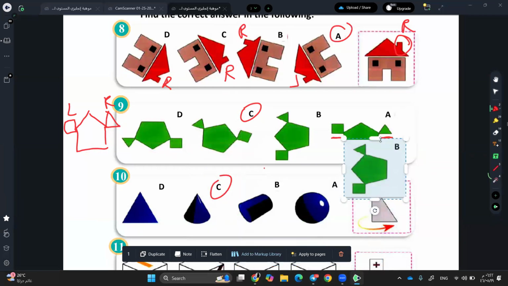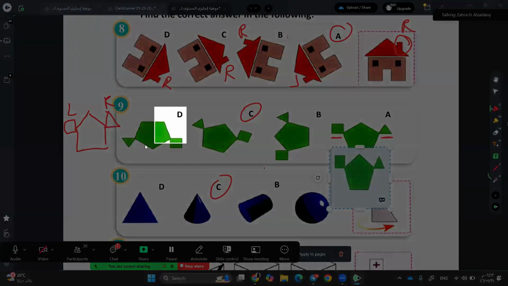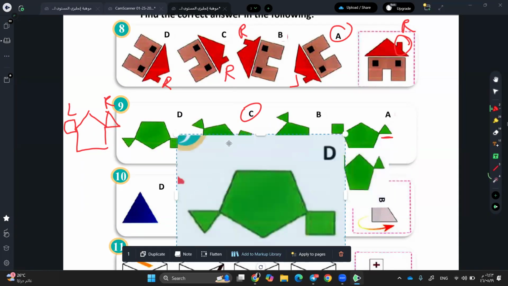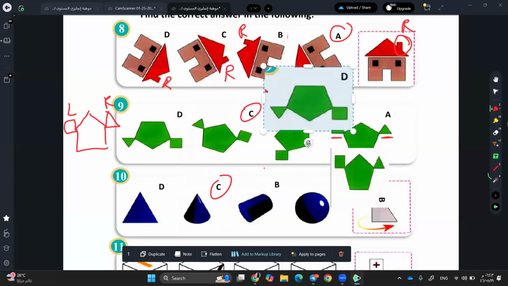Okay, let me rotate it. So also on B, when we rotate it, it's going to be the same shape. And on D, when you rotate it, it's going to be the same.